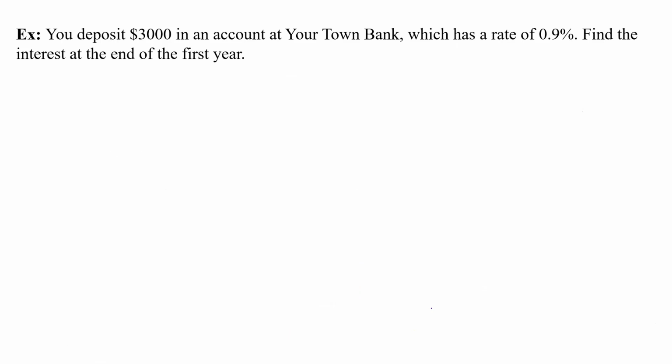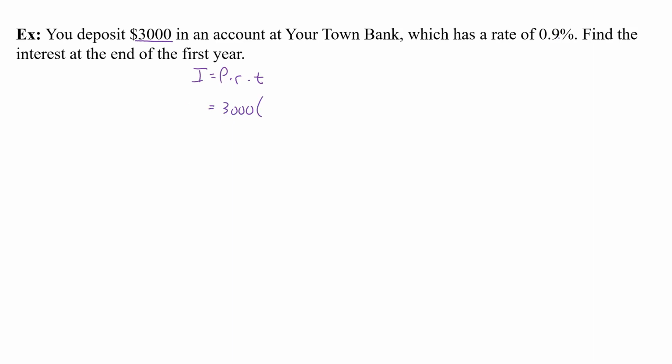So here it says you deposit $3,000 in your account at your town bank, which has a rate of 0.9%. Find the interest at the end of the first year. All right, so let's write down what we know. Interest is equal to principal times rate times time. The principal is $3,000.